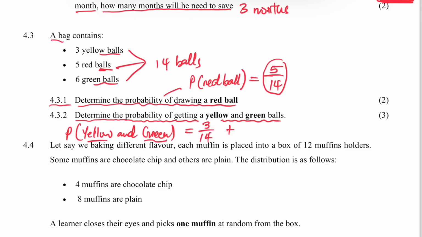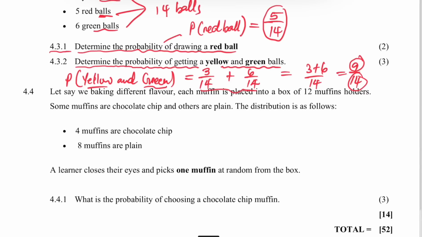There are 6 balls out of the 14 balls. So if you add these 2 fractions, it's 3 plus 6. It's going to be 9 over 14, right? So it's 9 chances out of the 14 balls. So there are 9 chances of getting the yellow and the green balls, right?